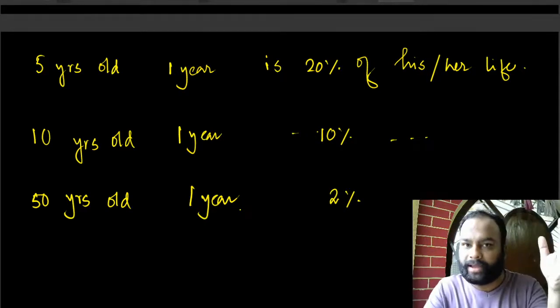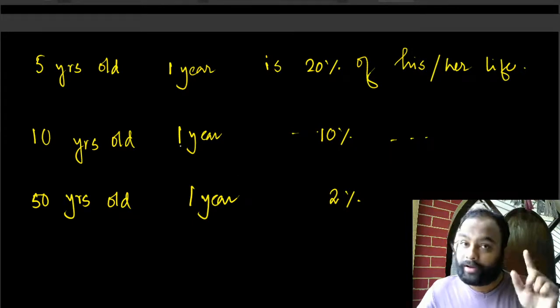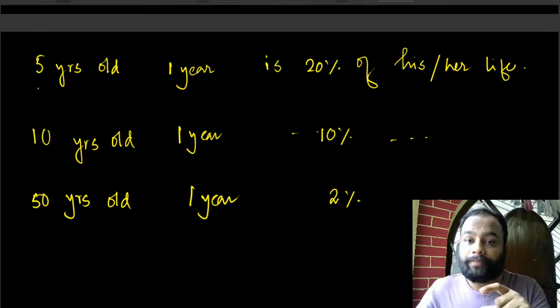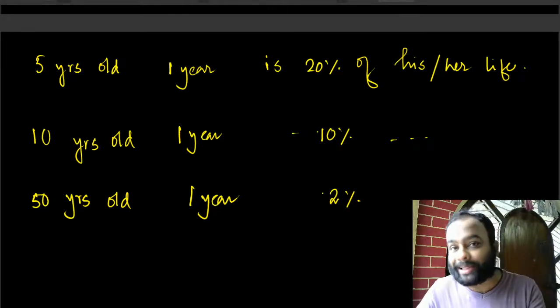So this is pretty big. And for a 50-year-old person, 1 year is like 2% of his entire lifespan. So compared to a 50-year-old person, for a 5-year-old child, 1 year would feel 10 times as long.